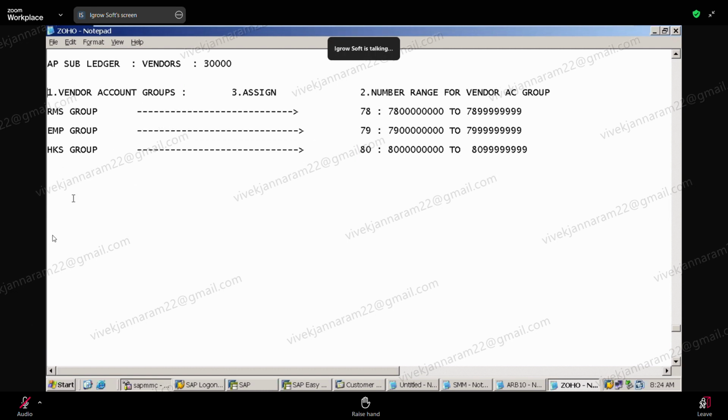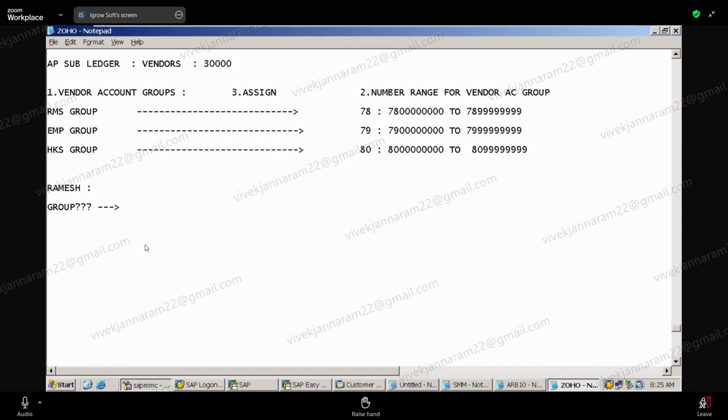Now, suppose I am creating one employee. A new employee joined the company. His name is Ramesh. So he belongs to which group?